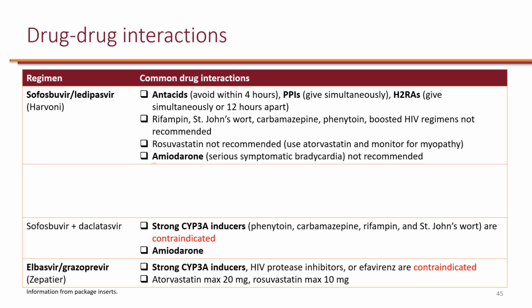But again, this is not a contraindication. So if the patient does need to be on both of these agents, then it's important to have regular cardiac monitoring in these patients. With the Viekira Pak, because it's a boosted regimen with ritonavir, there are many drug interactions.